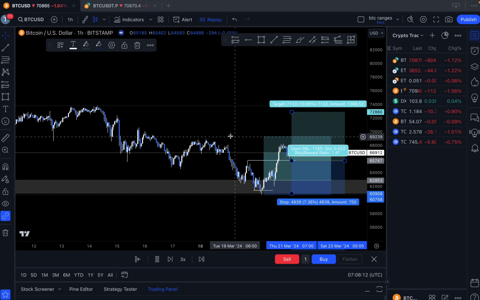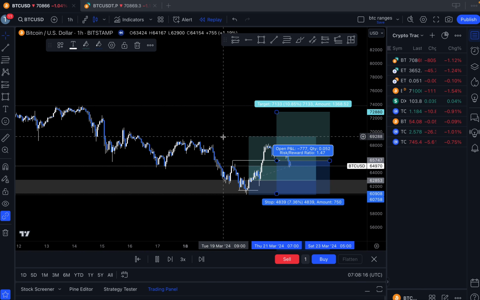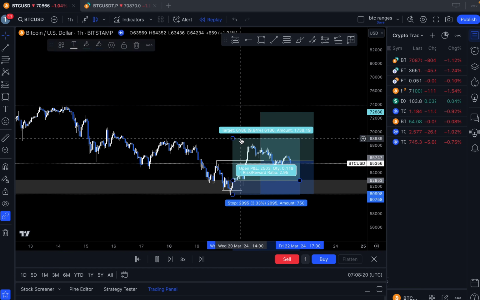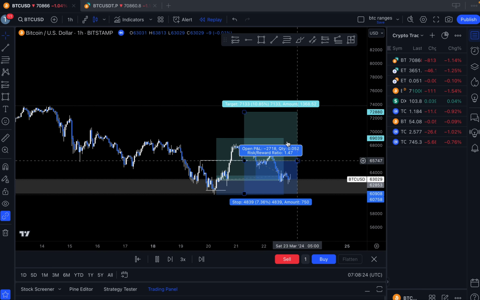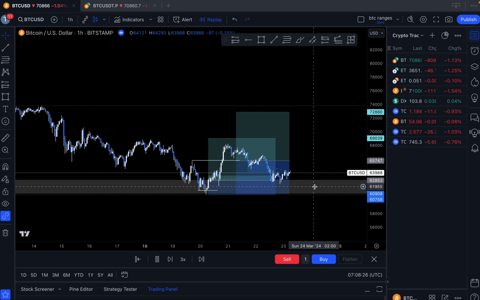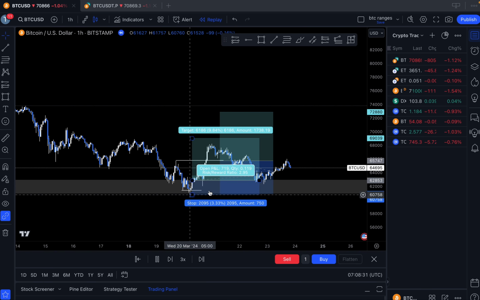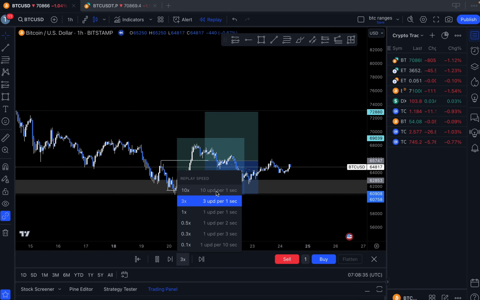This one should maybe hit TP, taking out these highs. TP would be there. Still holding, so this is another example of the order block holding as support, and that being our SFP. Let's speed this up a little bit and see if we get stopped out.